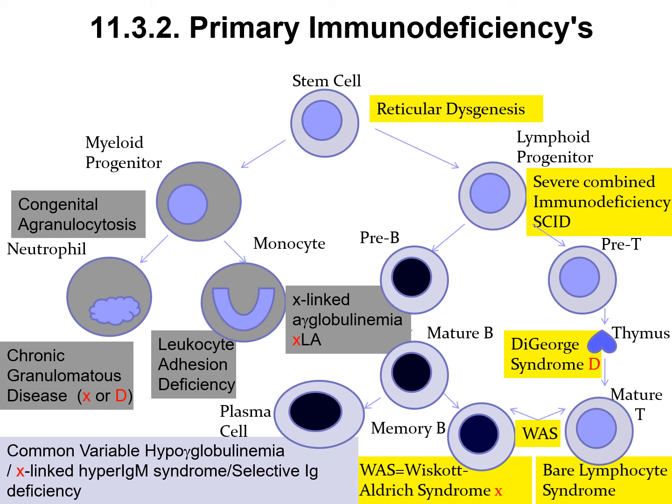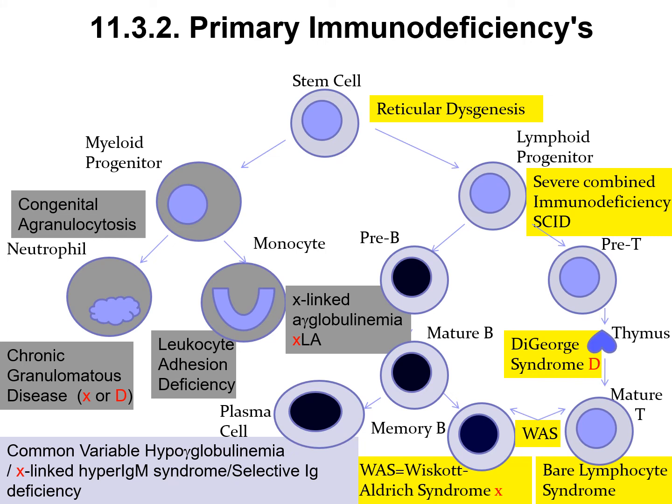Can be CGD. It can be because of the X or the sex chromosome, or another chromosome, leukocyte adhesion deficiency, or X-linked agammaglobulinemia. So this is X chromosome related.